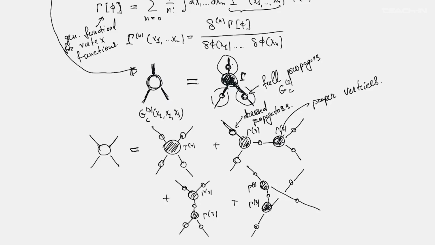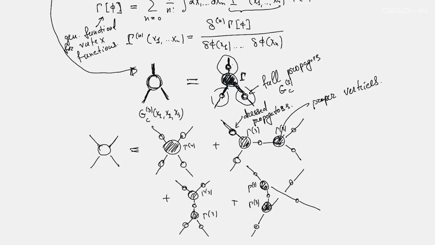That the diagrams, the skeleton diagrams, which you see on the right-hand side of these schematic equations, they are constructed from combining these proper vertices with dressed propagators only as tree-level graphs. So all the graphs which you see here are tree-level graphs.